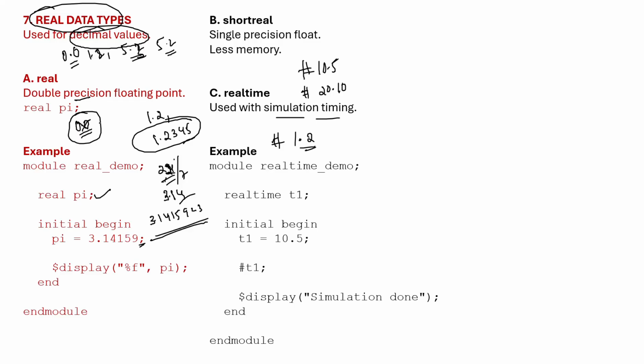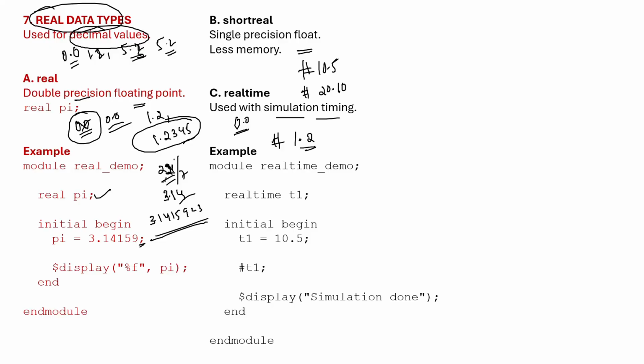The default value of real is 0, and for realtime it is 0.0, the current simulation time we are having. So here also 0.0, whenever you are not assigning any value, it will store that default value. Shortreal also stores precision values. Here real holds double precision values, but shortreal stores single precision values.